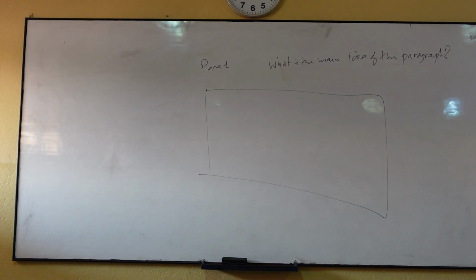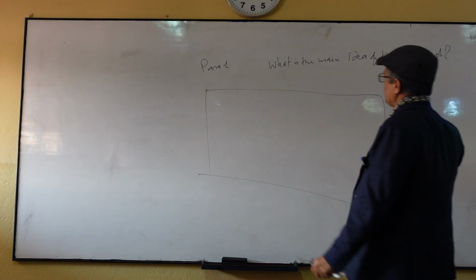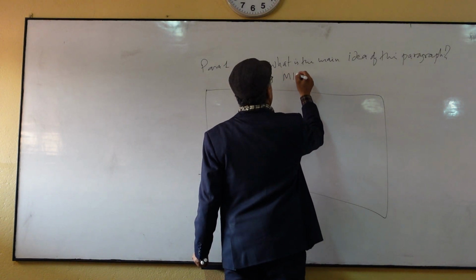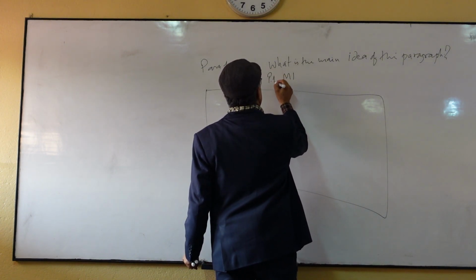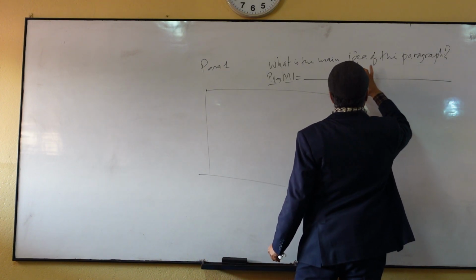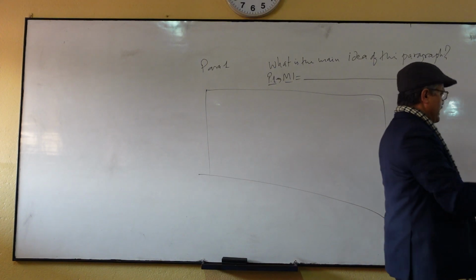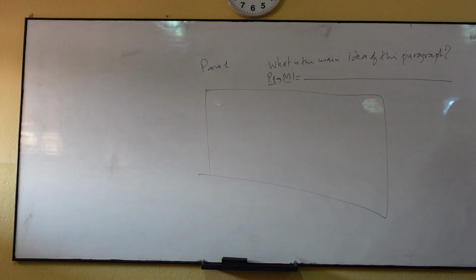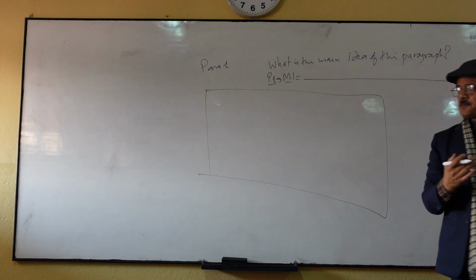What is the main idea of the paragraph? And as you come for presentation, write MI, write para 1, and write one sentence main idea. You can copy the same sentence or you can make your own sentence, right?